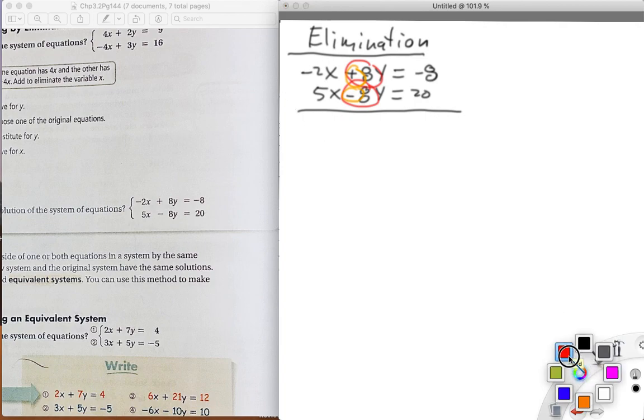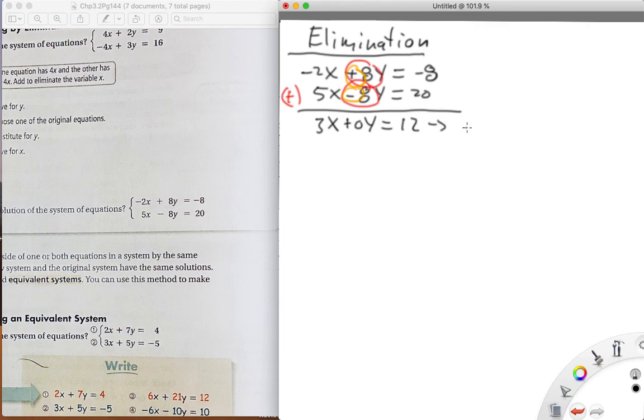So I'm going to add them together. Negative 2x plus 5x gives me 3x. 8y plus negative 8y gives me 0y. I have eliminated it. And then negative 8 plus 20 is 12.